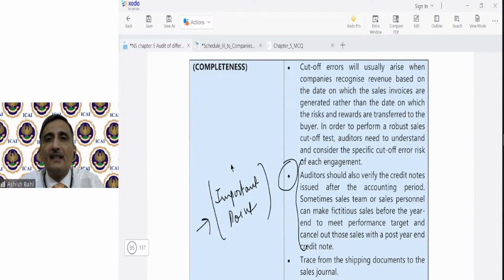So this is a way of inflating sales. So if credit notes have been issued post year end after the accounting period, then the auditor has to see whether these credit notes are genuine or not, and what is the reason of issuing so much of credit notes post year end. So he has to gain assurance about these things.